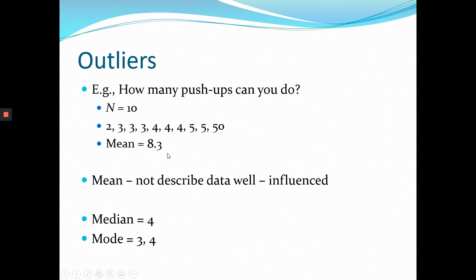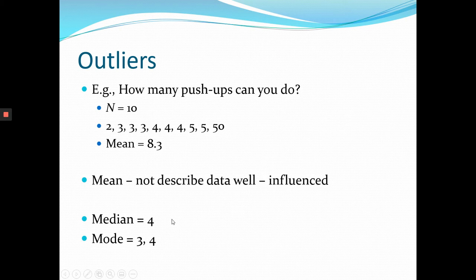Is that a good description of the sample? Well, no, not really. Only one person got a score that was above 8.3, and then the next closest person was 5. That's quite far from 8.3. So you can see that the number gets pulled towards that 50 person.